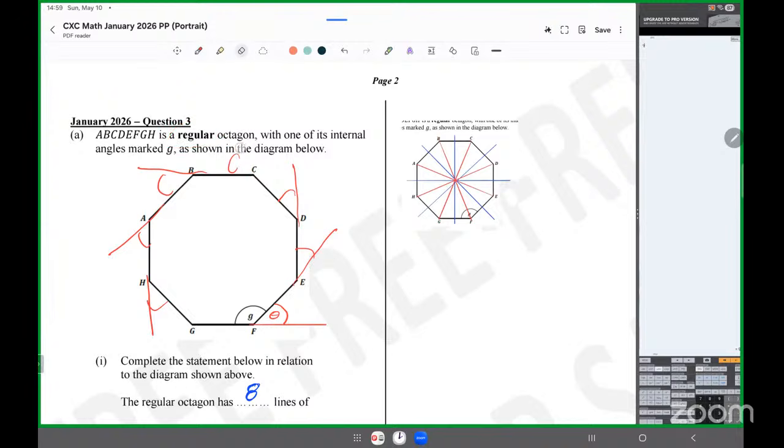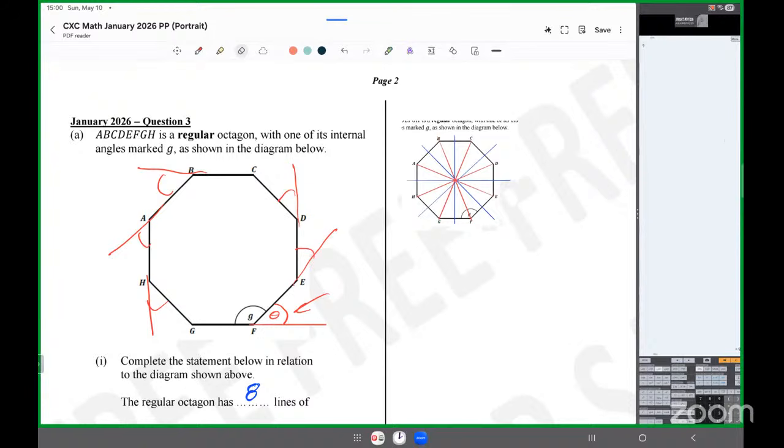If you have 8 sides, that's 8 of everything: 8 sides, 8 vertices, 8 interior angles, 8 exterior angles. Because it's regular, everything is equal. All the sides are equal in length, all angles are equal. So you have 8 of these angles making up 360 degrees. The exterior angles always add up to 360 degrees regardless of the number of sides.